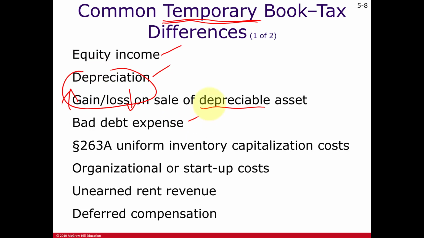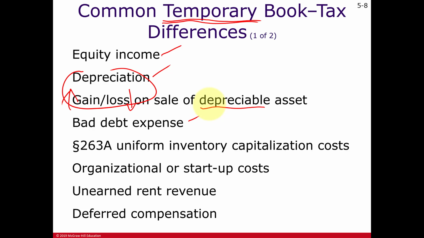Bad debt expense, you guys learned about the allowance method, trying to match up the uncollectible with the related sales revenue. Well, that's not allowed generally for most companies for tax purposes. You have to use the direct write-off method for tax purposes and only deduct a bad debt expense in the year you actually write off the receivable.